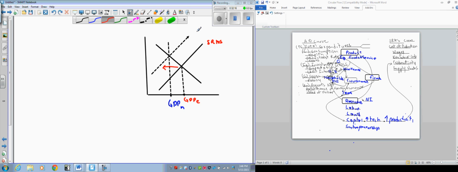So that's where you're going to move it to. And notice that the price level is going to go up. And that's going to offset your deflating prices. But your unemployment is also going to go up to natural rate. So that's the way you're going to answer that number 4.